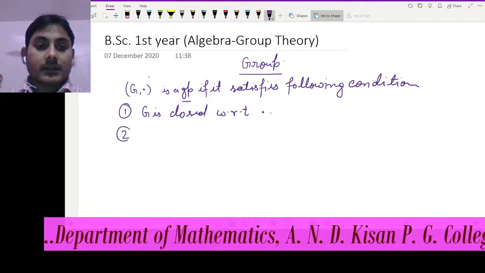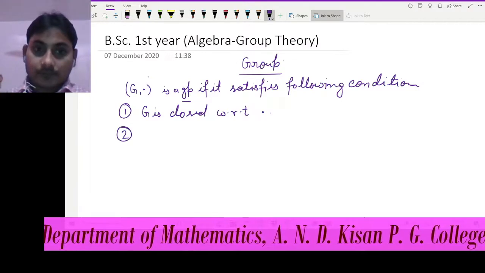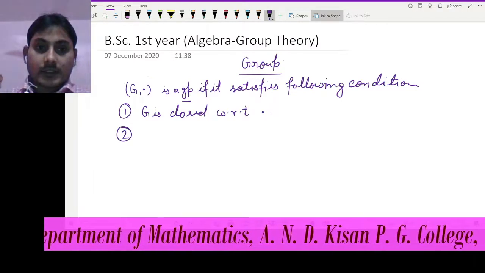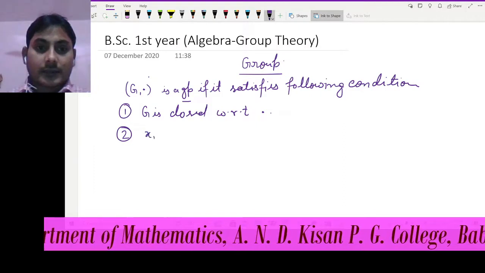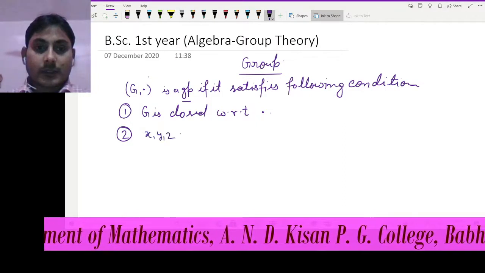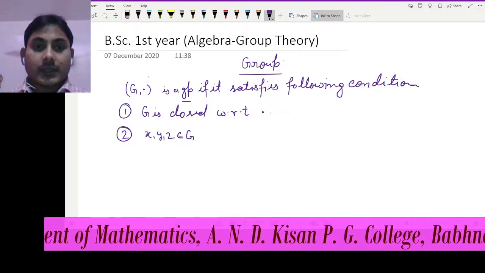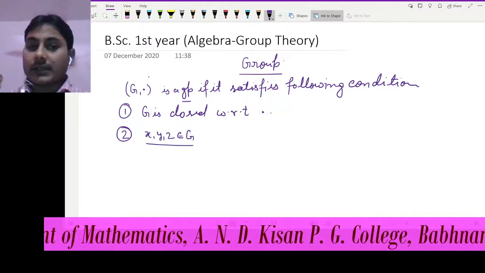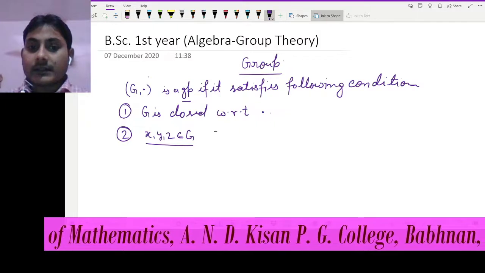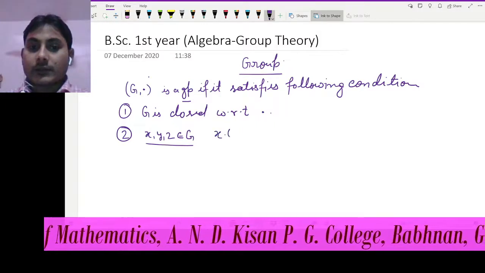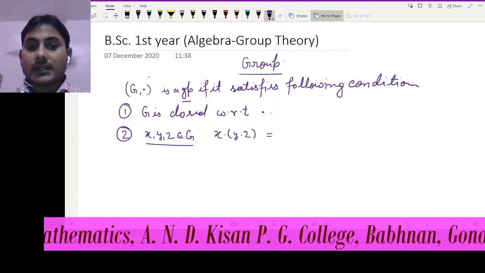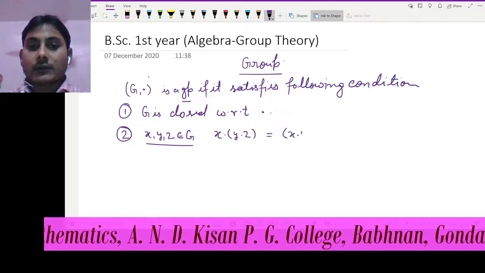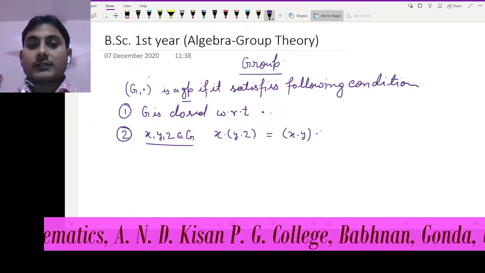Second one is, if you have three elements x, y, z belonging to G, then x dot y dot z should be the same as x dot y and then dot z.